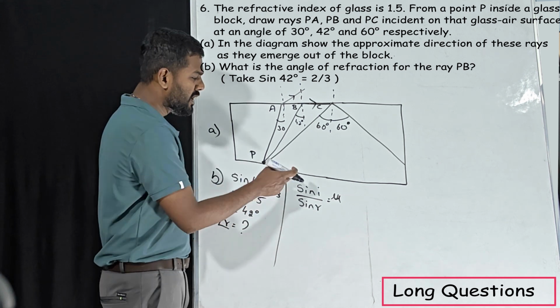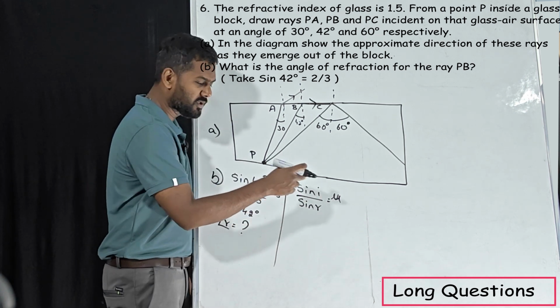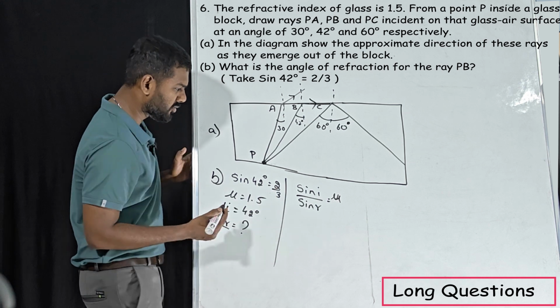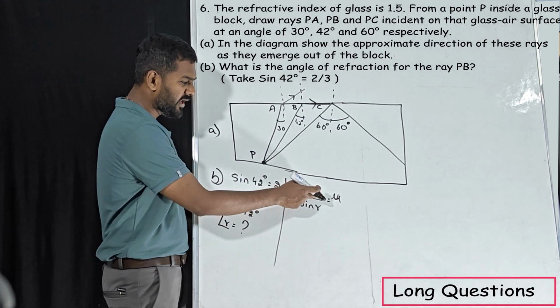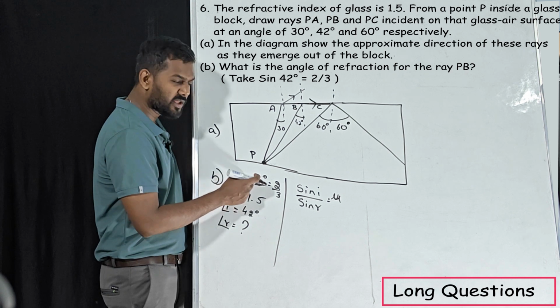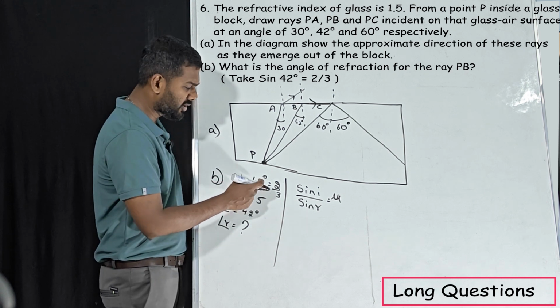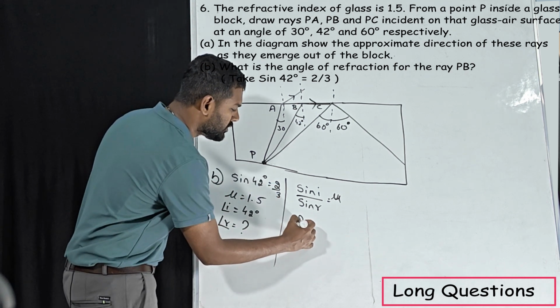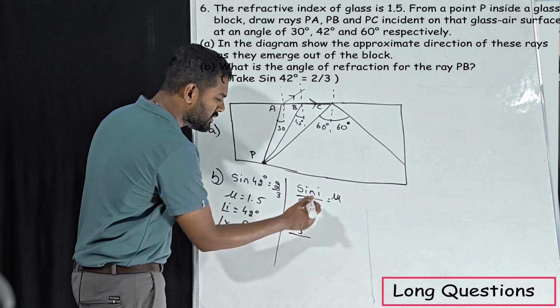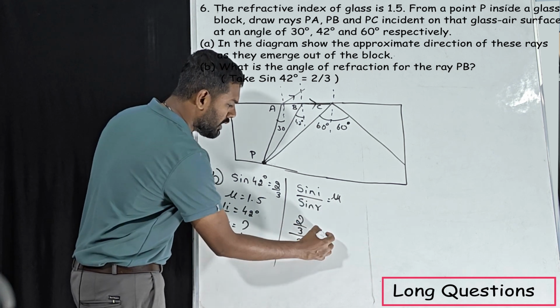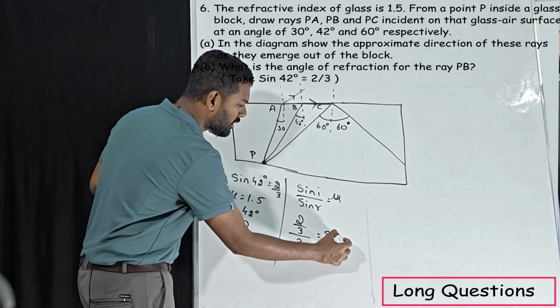Then the final will be sin i divided by mu is equal to sin r. So we'll substitute. Sin i is nothing but sin 42 degree. In the question itself they have given sin 42 degree is equal to 2 by 3. So this is 2 by 3 divided by mu, right? Mu is nothing but 3 by 2, is equal to sin r.